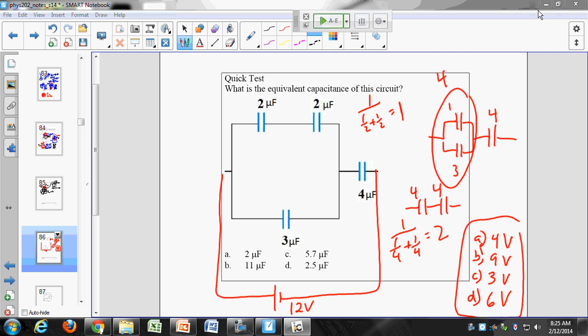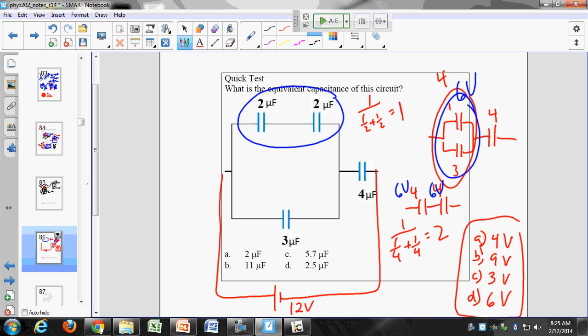If I have 12 volts, that means I have 6 volts here and here, because they're identical capacitors. That means I have 6 volts across these because caps in parallel have the same voltage. And if I have 6 volts there, that means I have 6 volts shared between these two capacitors. So I get 3 volts and 3 volts.